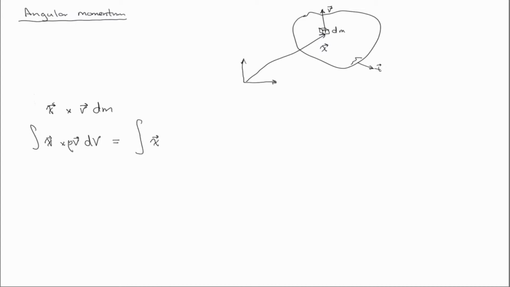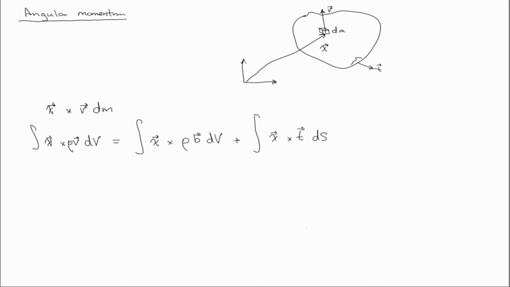So x is just a position vector, right? Remember, a moment is r cross f. Right? So the position vector x cross rho b dv, and the surface tractions is x cross t ds.